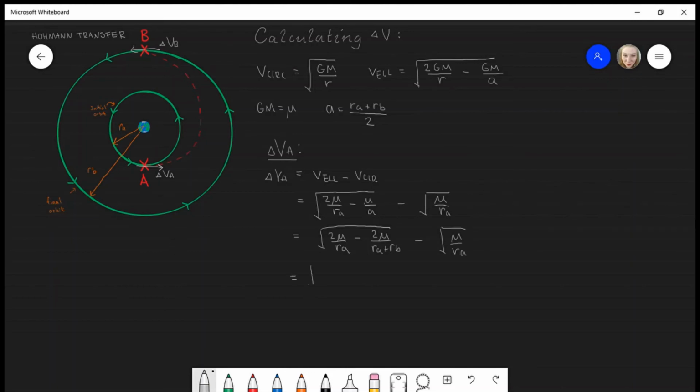Simplify by taking the factor of mu over Ra out of the whole equation.